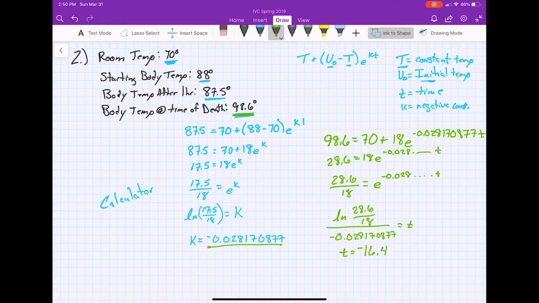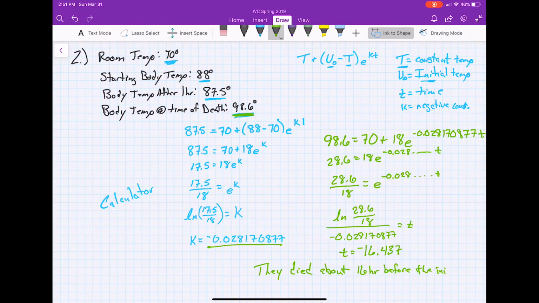The problem asks us for the nearest hour, so this rounds to 16. Technically it rounds to negative 16, but we just want to know how long ago it was, so we express this as a positive number. So the person died about 16 hours before the initial reading, the starting body temperature of 88 degrees. So 16 hours earlier. How unfortunate.